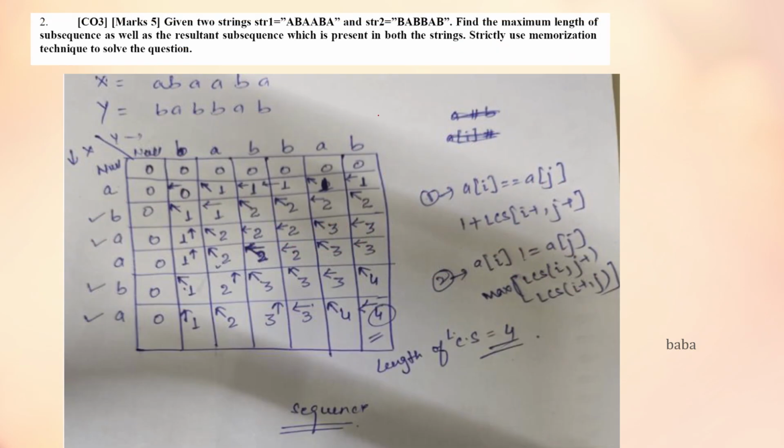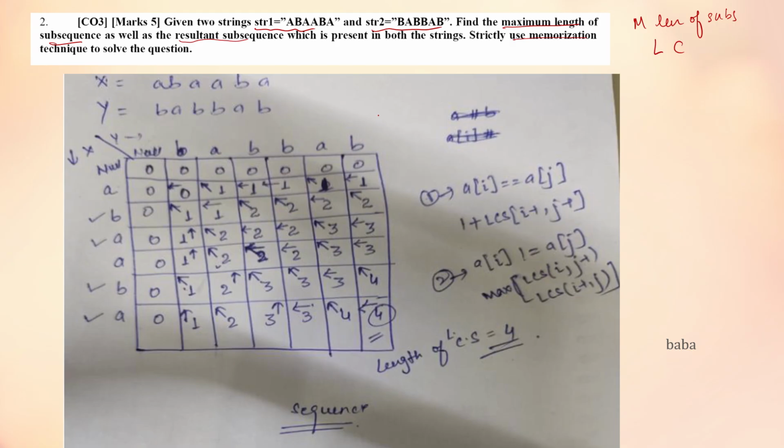So you are given basically two strings A and B: A, A, B, A, B, A, B, B, A, B. Find the maximum length of the subsequence as well as the resultant subsequence. Use memoization technique.